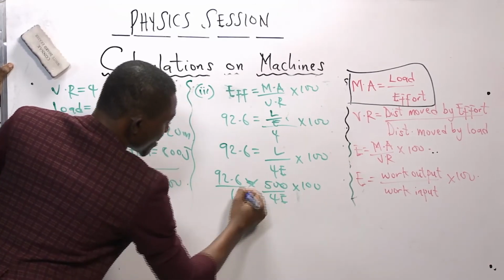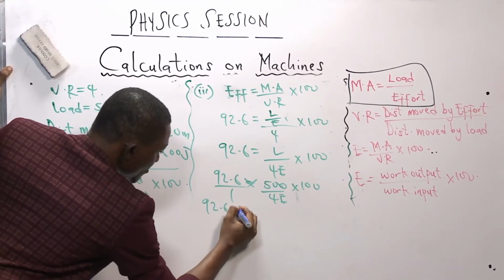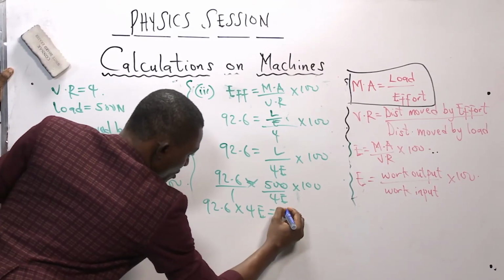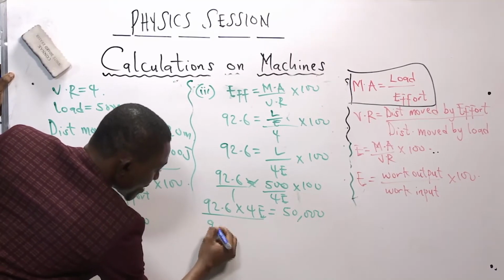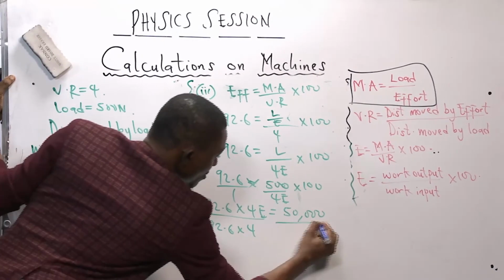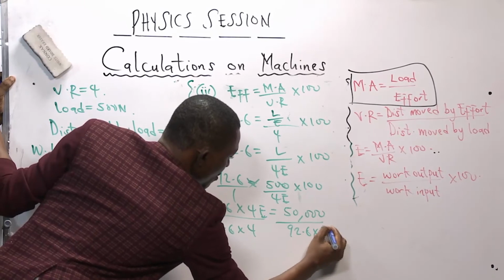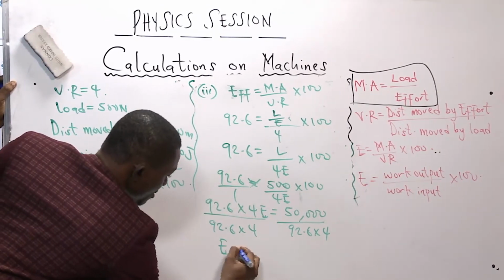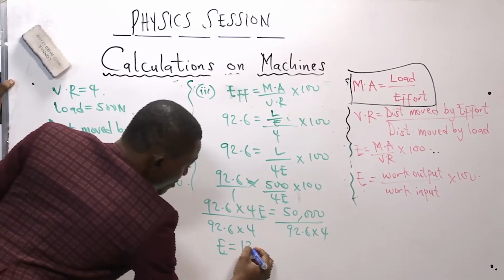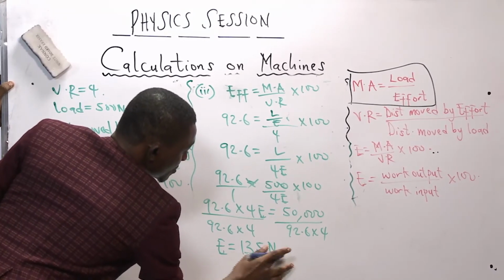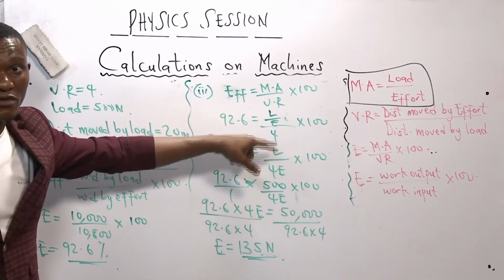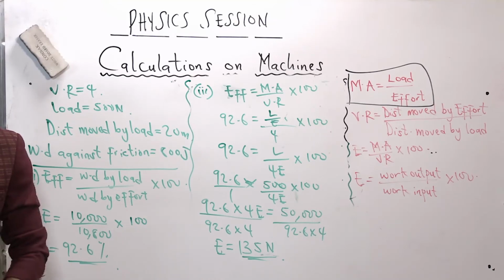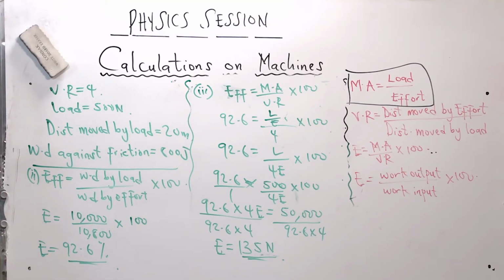If I cross multiply here, I have 92.6 times 4E is equal to 50,000. And if I divide both sides by 92.6 times 4, I get my E as 135 Newton. I think it's simpler that way. I just substituted my MA as load over effort, and then I did the math and got my E as 135 Newton.